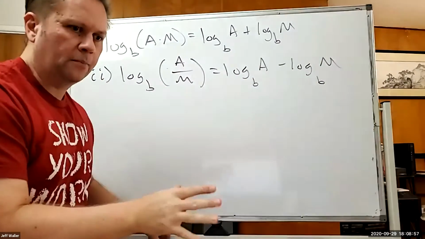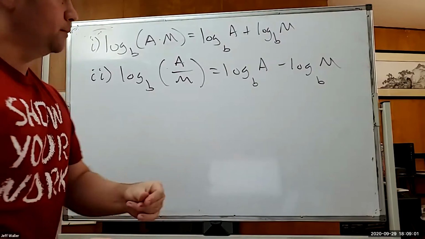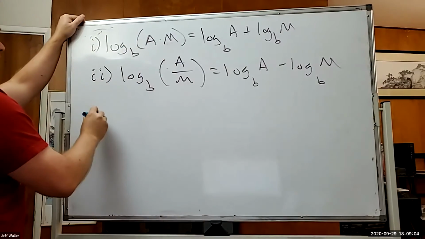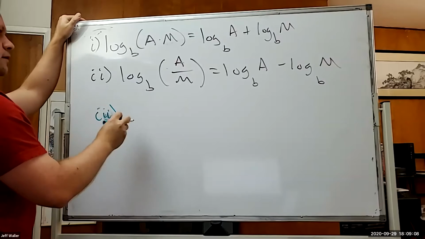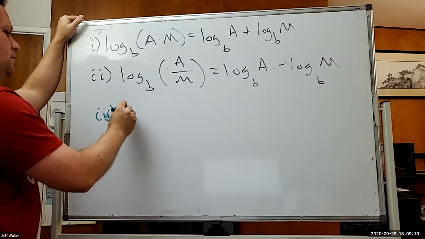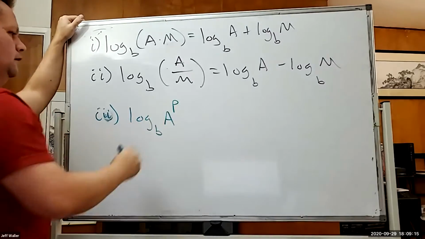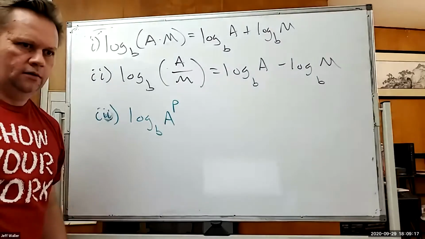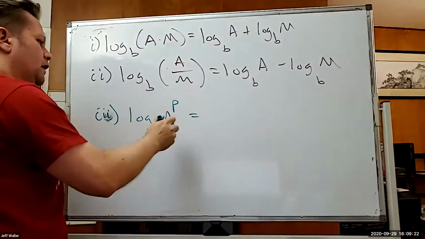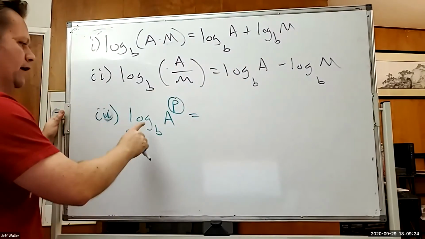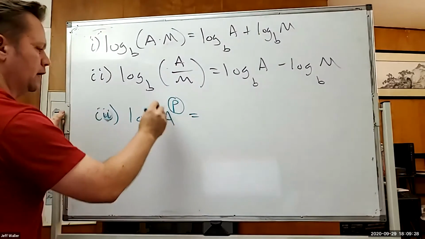And then the last property, which I try to get you to understand is the most important in a way, but it's built off of this one. This actually uses this property. If I have log of something and that something inside is to a power, what can I do with that power?